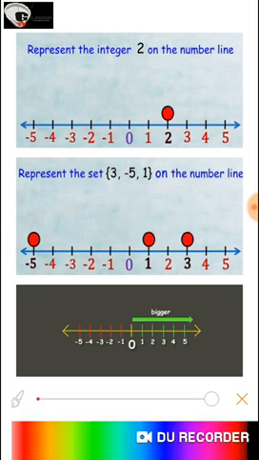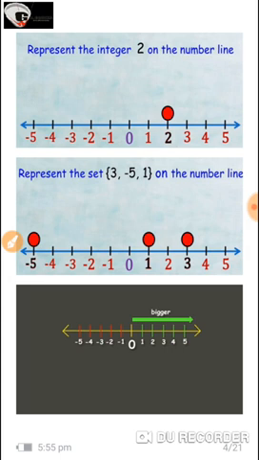And when we talk about -5, it means it is on the left side of 0. So we are going to shift 5 steps to the left of 0, and there is the number -5. And number 1 is to the right of 0. In this way, you can represent integers on a number line.